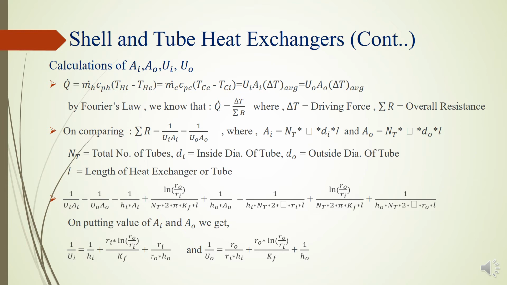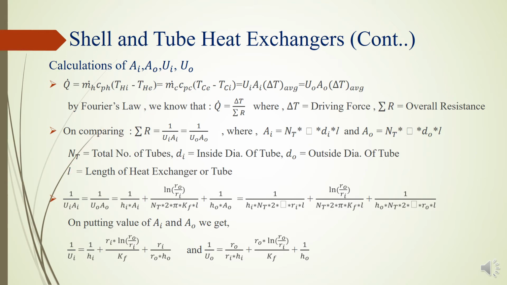By comparing these two, we get summation R equal to 1 by Ui Ai and 1 by U naught A naught, where Ai is the inside surface area and A naught is the outside area of the tube.